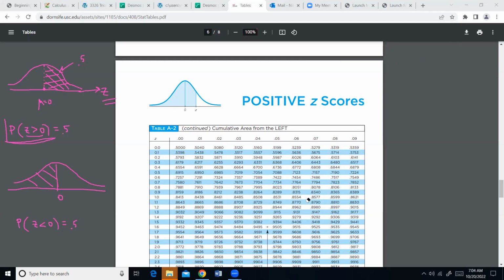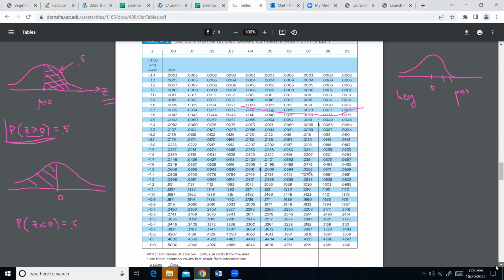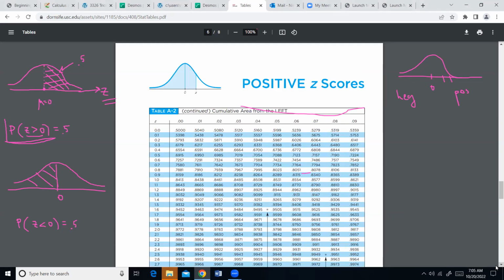Notice that if you are dealing with this distribution and 0 is in the center, then on one side will be positive numbers, right? And on the other side of 0 will be negative numbers. So if numbers are bigger than 0, then we have positive z-scores. And the previous page is for those values of z that are negative, or on the left side from 0. So it looks like we'll be using two pages depending on the sign of the z-score.